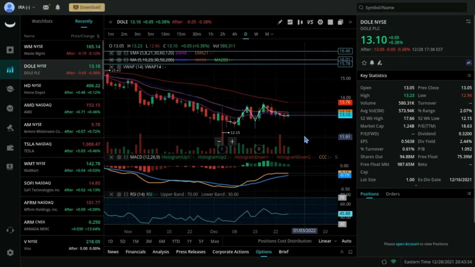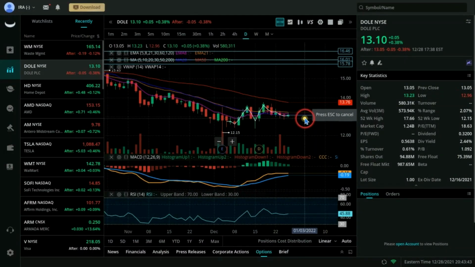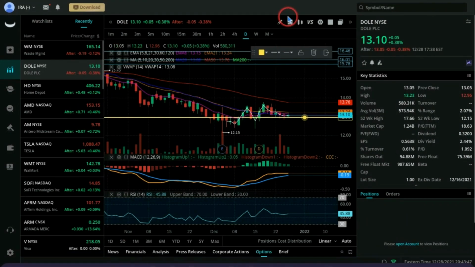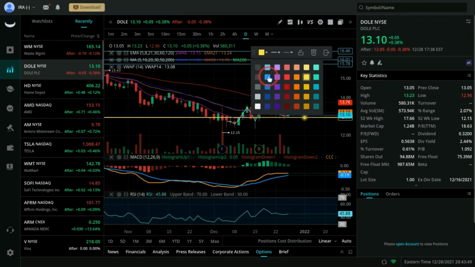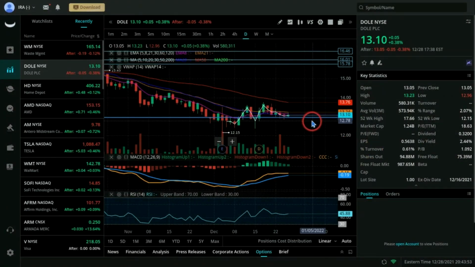Okay, now let's take a look at Dole. So first we're going to get our support line, the bottom of this support, make it blue. So we have good support right here.